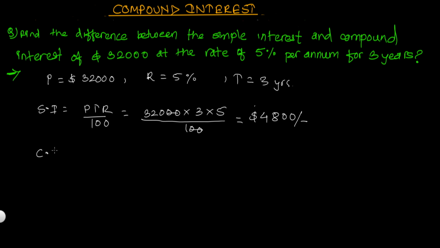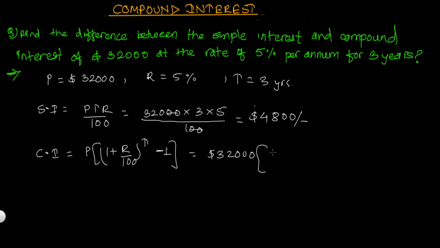Similarly, if you want to find the compound interest, we have to use P[(1 + R/100)^T - 1]. So our P is the same, which is $32,000 times (1 + 5/100) to the power T, which is 3, minus 1.